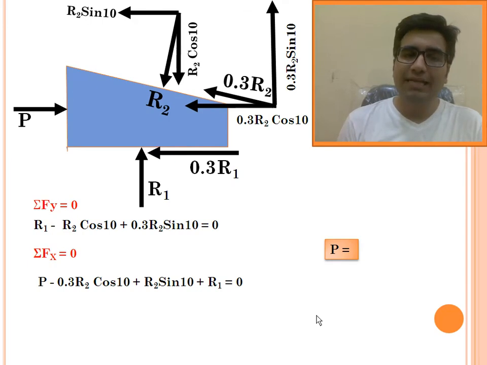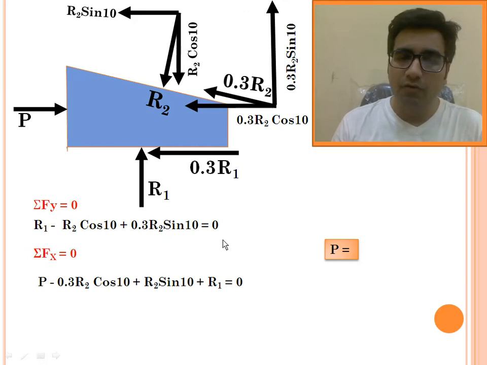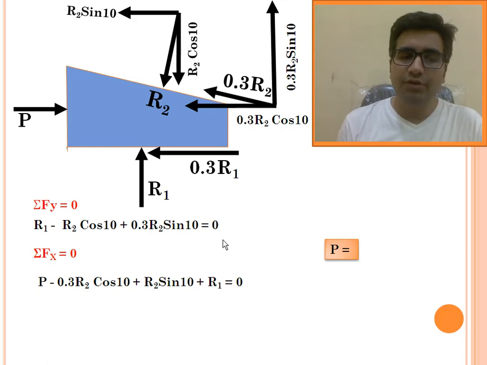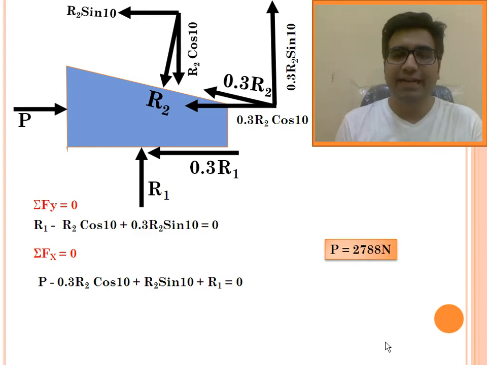Applying the forces and the conditions of equilibrium, as we have already resolved R2 and 0.3 R2, with the first condition, summation Fy equals 0, we get the value of R1, and with the second condition, summation Fx equals 0, we get the value of P, and we get P as 2788 Newton.